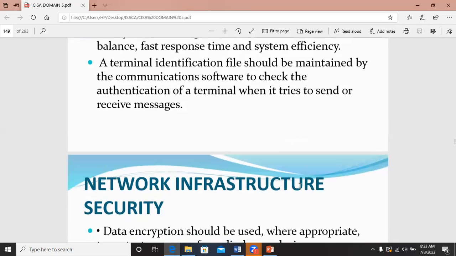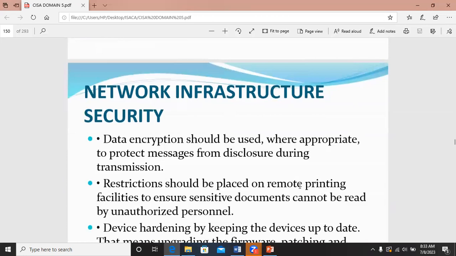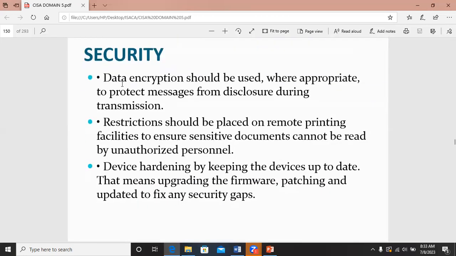All these are very important to know what is happening on the network. Then as much as possible, when you are sending sensitive information, use encryption. Restrictions should be placed on remote printing. So be careful.